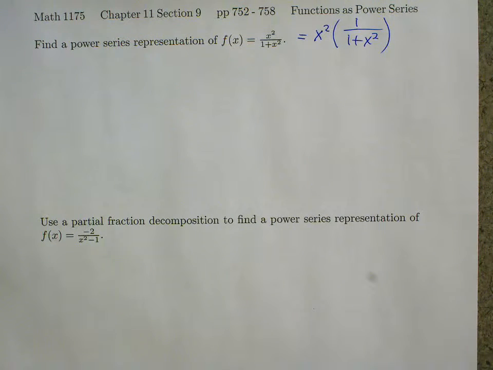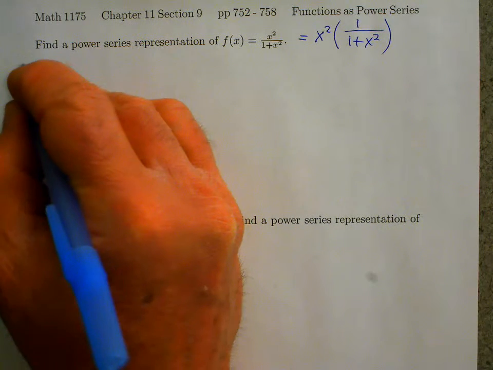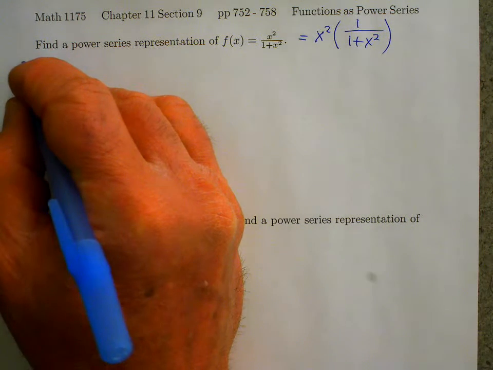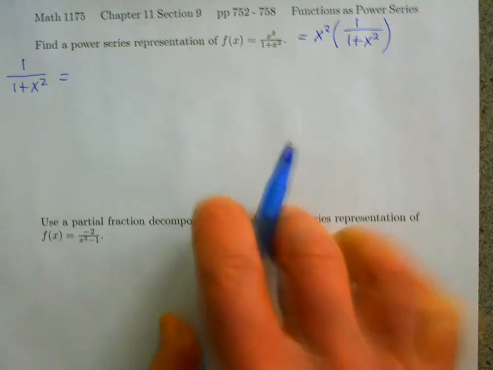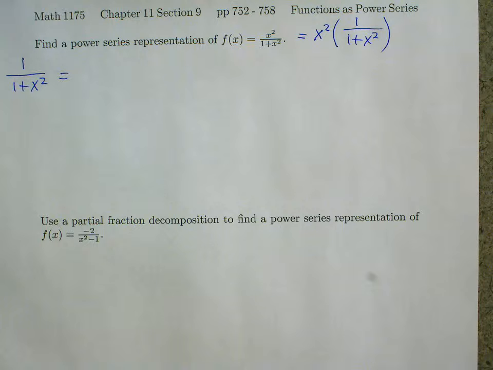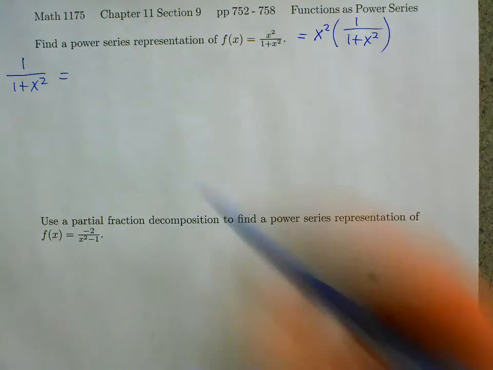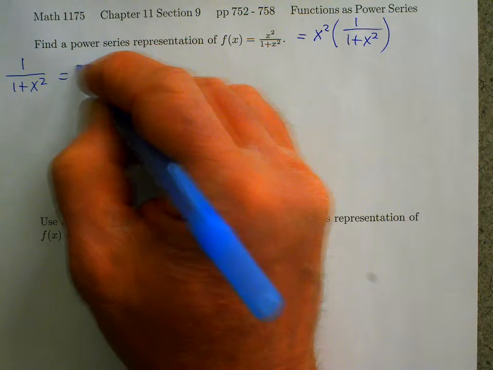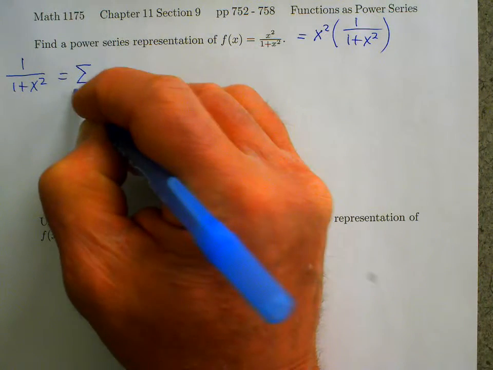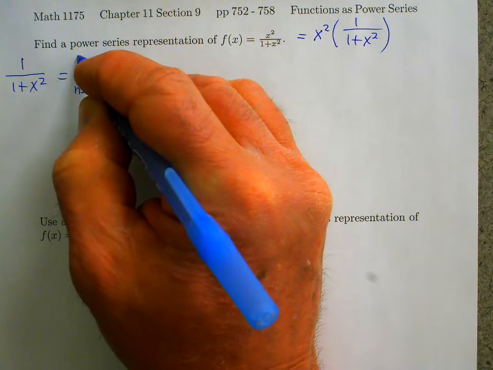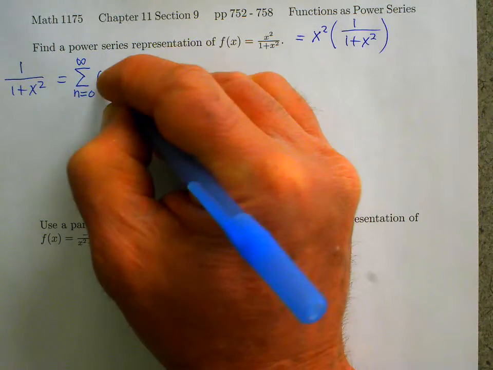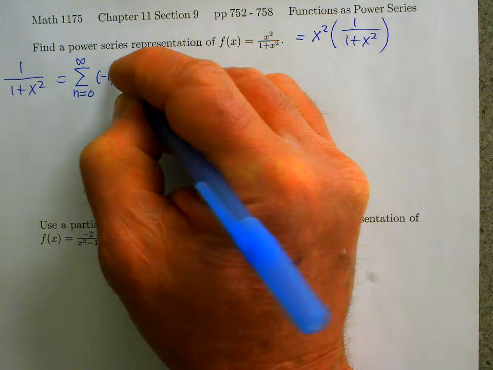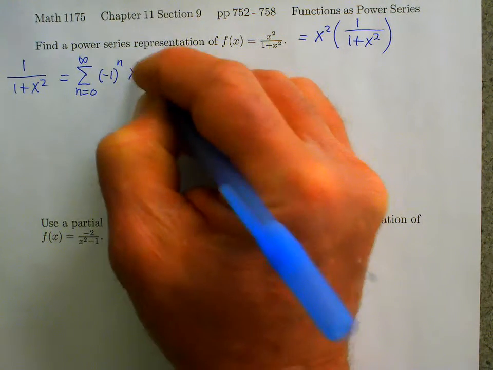So I'll look on the other page. We did the 1 over 1 plus x squared. I haven't got all of these memorized yet. So 1 over 1 plus x squared, the power series expansion for that in sigma notation, the sum from n equals 0 to infinity, -1 to the n times x to the 2n.